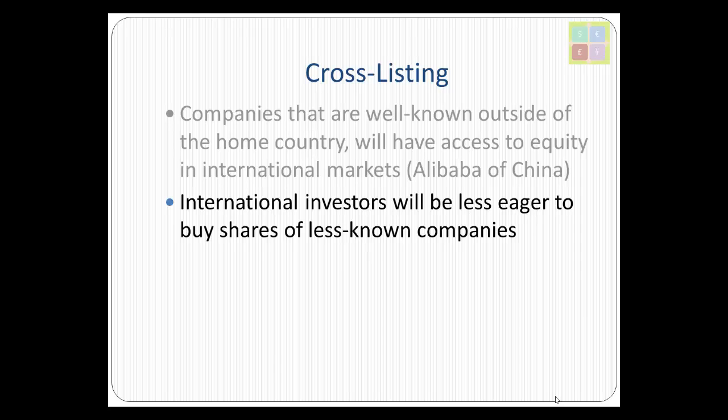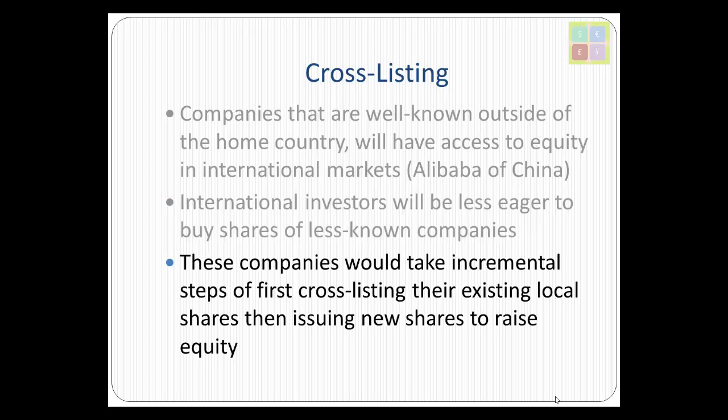These companies, therefore, would not have ready access to international markets. What do the smaller companies do then? Well, these smaller companies can take small steps. First, they can simply cross-list their shares without raising new capital. Once they are recognized, they can issue new shares to raise equity.